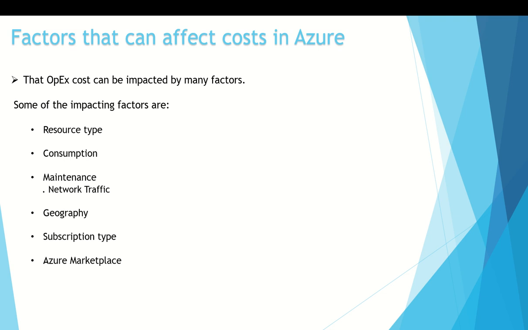Resource type. A number of factors influence the cost of Azure resources. The type of resource, the settings for the resource, and the Azure region will all have an impact on how much a resource costs. When you provision an Azure resource, Azure creates metered instances for that resource.